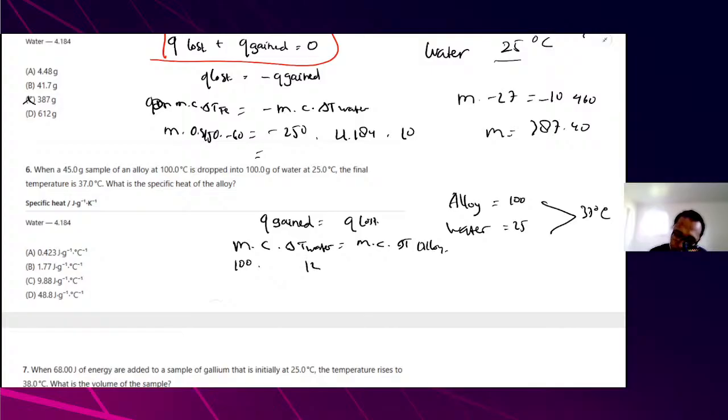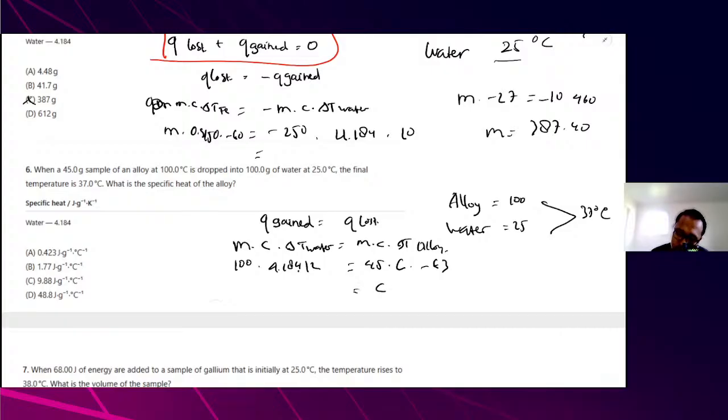C of water is 4.184. And M here is 45, and then C, and again 37 minus 100, so this one is minus 63.